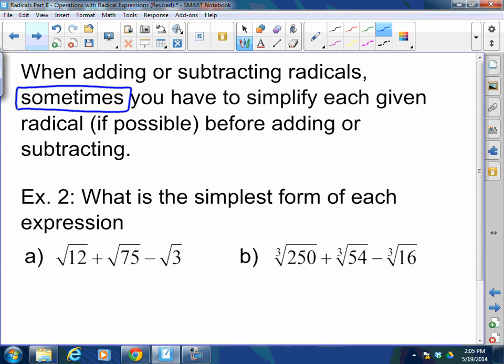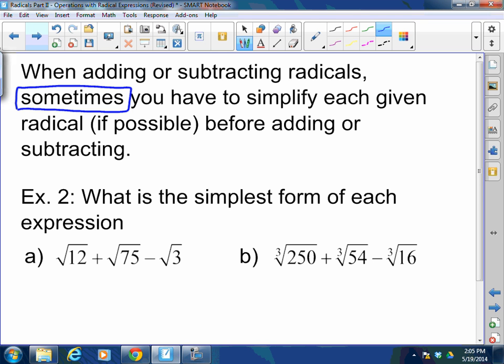So sometimes when you look at a problem, you may see it and say right from the beginning, hey, whoa, wait a second. Why am I even going to try this? For example, look at letter A. Square root of 12 plus square root of 75 minus square root of 3. How are those like terms? They're not. But you don't give up.